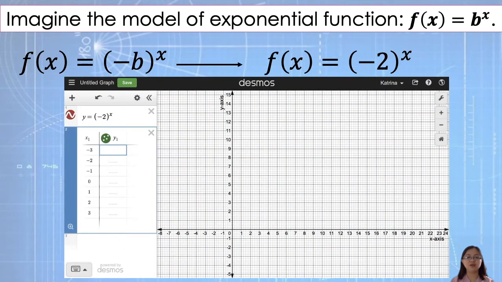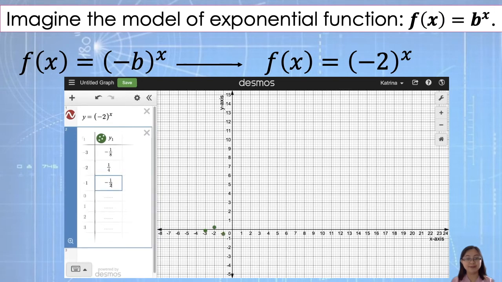We substitute the values: for negative 3, we have negative 1/8; negative 2, positive 1/4; negative 1, negative 1/2; 0, 1; 1, negative 2; 2, positive 4; and for 3 as the exponent, we have negative 8.